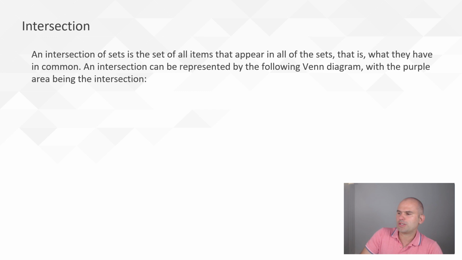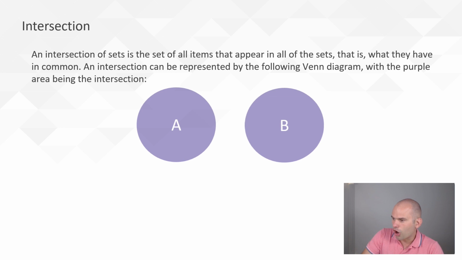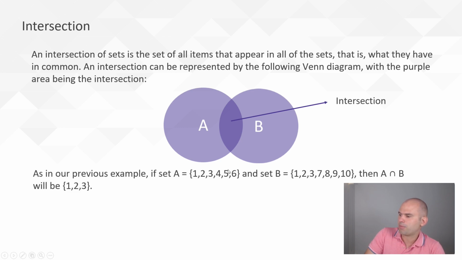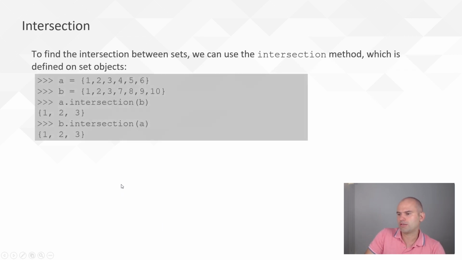So let's look at intersection. If you have two sets, A and B, the intersection of A and B are the items that they have in common. So looking at some examples, if A was 1, 2, 3, 4, 5, 6, and B was 1, 2, 3, 7, 8, 9, 10, then the only thing they have in common was those duplicates we threw away: 1, 2, and 3. 1, 2, and 3 is in A, 1, 2, and 3 is in B. So much like union, there is a function, A dot intersection B, B dot intersection A. They work the same way.